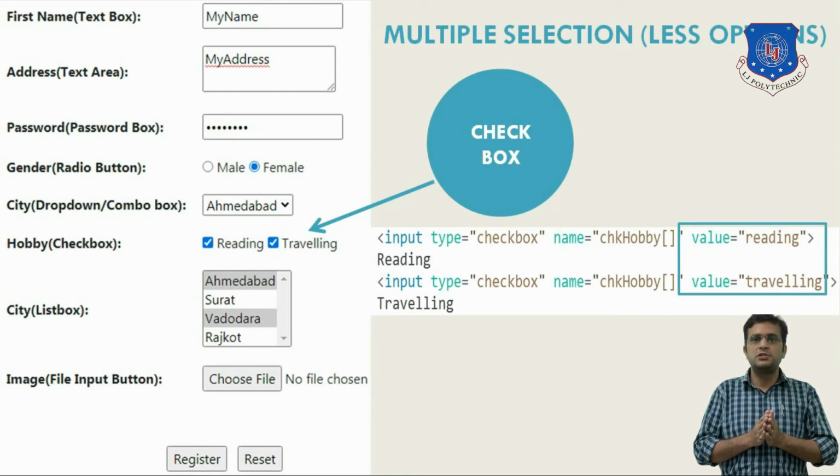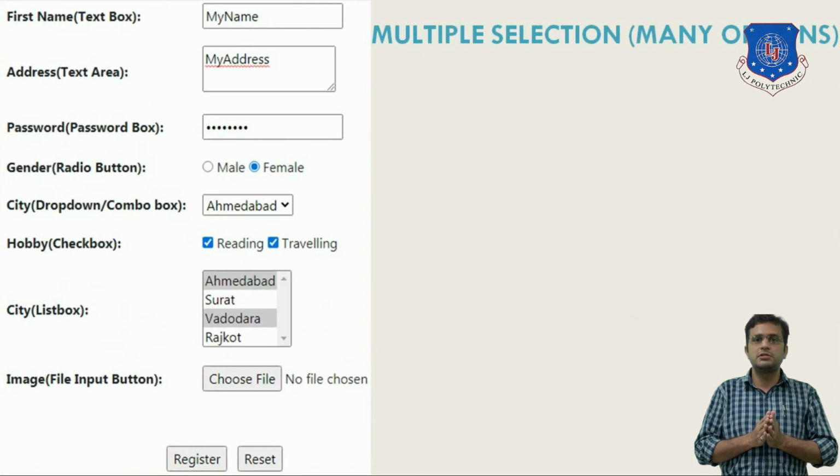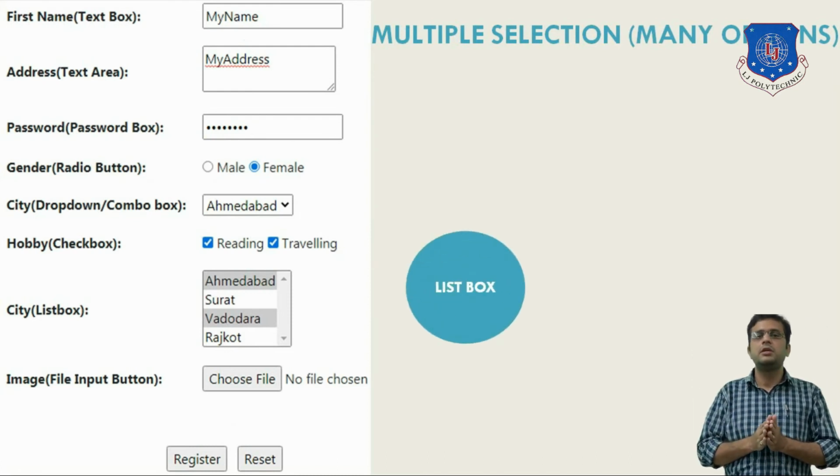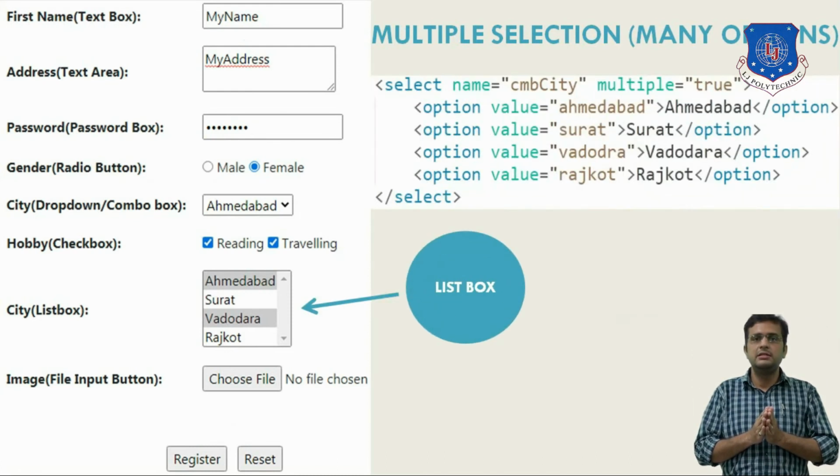Now when number of options are many, you can provide a list box instead of checkbox. So here is a list box and here is a code to create a list box. You can observe that this code is similar to the code to create a combo box, just we need to add an additional property called multiple.